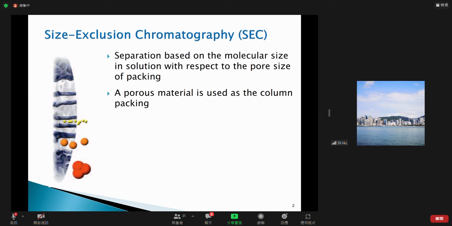And in ion chromatography, the stationary phase and the compound have opposite charge, so the analyte can be retained by the stationary phase through electrostatic interaction. But size exclusion chromatography says no, I don't want you to have any interaction with the stationary phase. The separation is just based on the molecular size in solution with respect to the pore size of the packing.